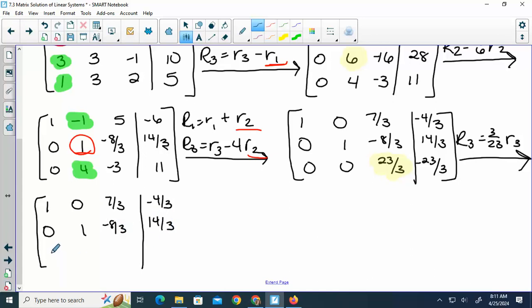So 3 over 23 times 0 is still 0. 23 over 3 times 3 over 23 is 1. Negative 23 over 3 times that would be a negative 1. Is everyone with me so far?